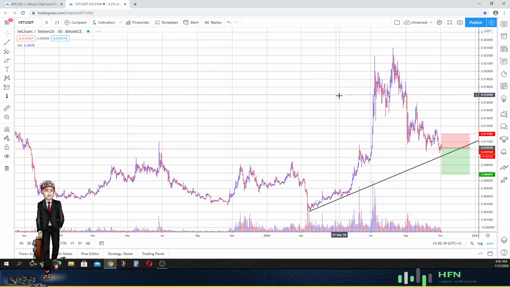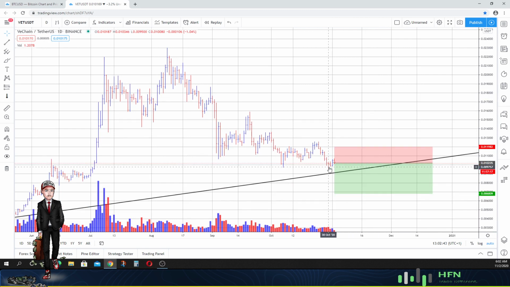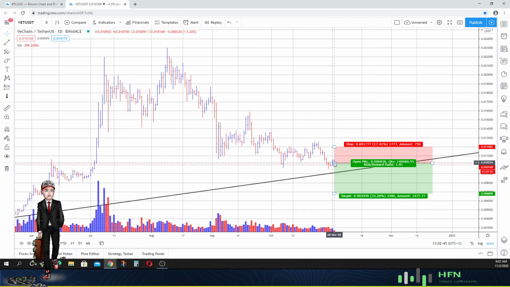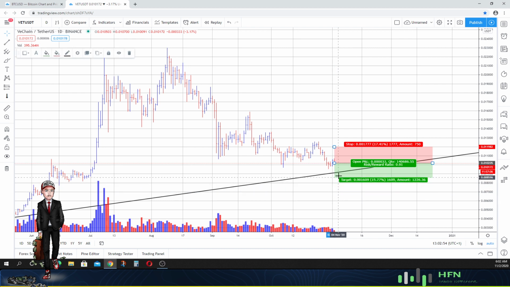All right. Now, based off the monthly time frame, the weekly time frame, even on the 3 weeks, I'm not really expecting the market in VeChain to hold this ascending line. It's going to try. So obviously we need to take profit on the market initially, right here around 0.009, almost 1 penny.